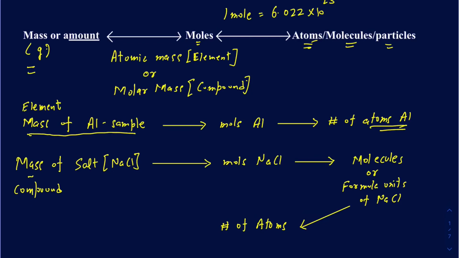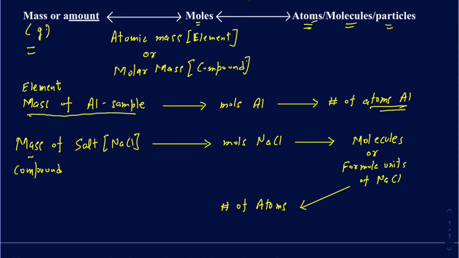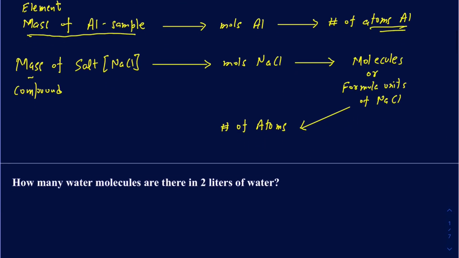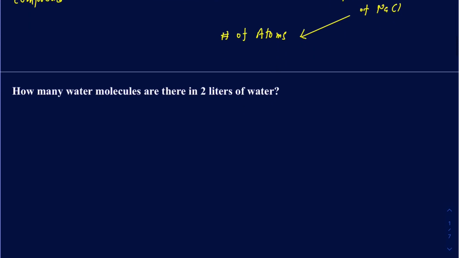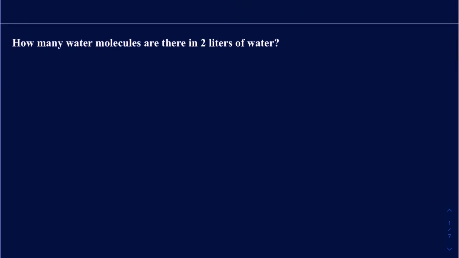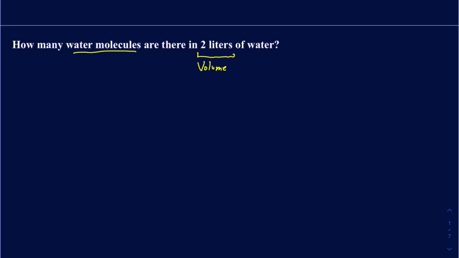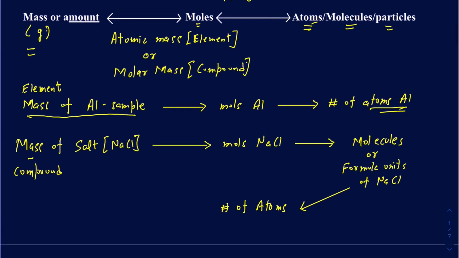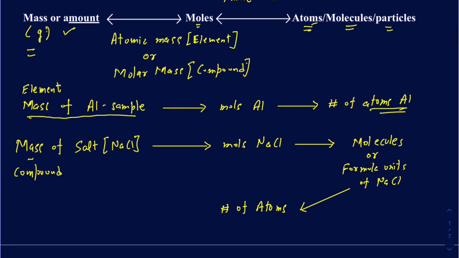So let's go back to the question we asked initially: if you're drinking 2 liters of water every day, how many water molecules are there? 2 liters is actually the volume, which literally means the amount of water. So if I'm given the amount of water and I'm trying to find the molecules of water, in this mole template I'm given the amount right here.